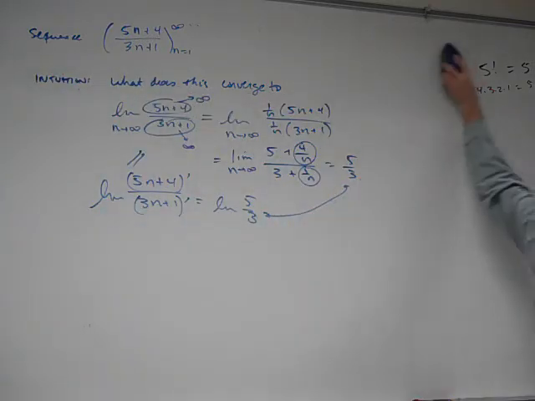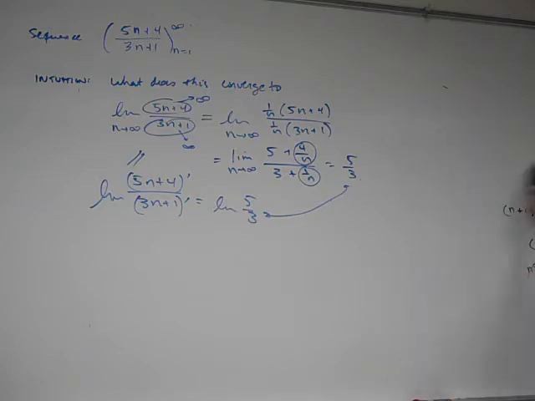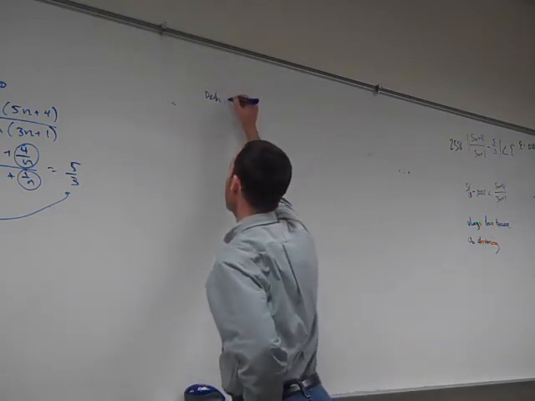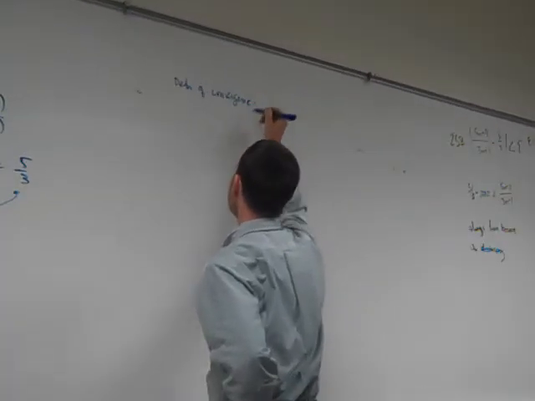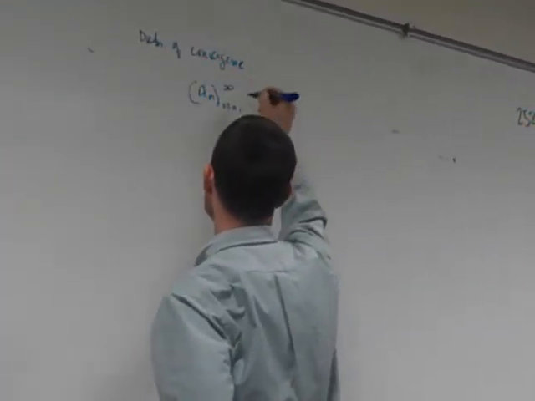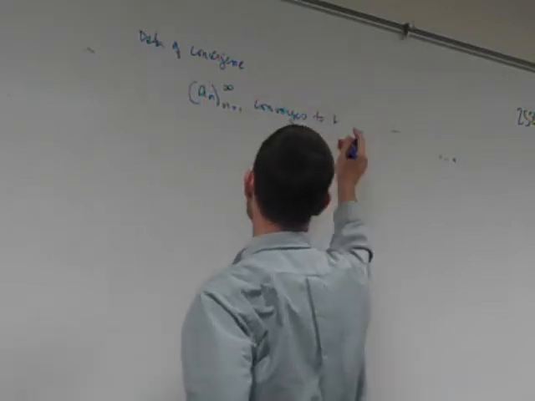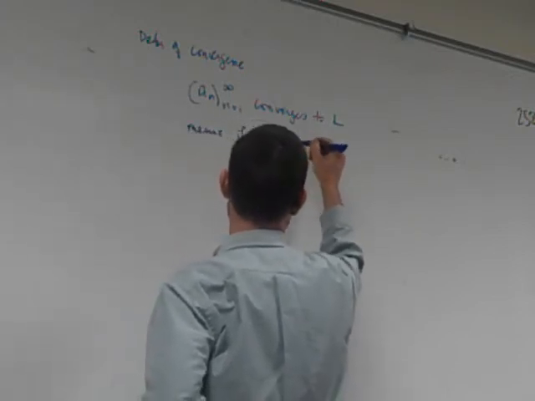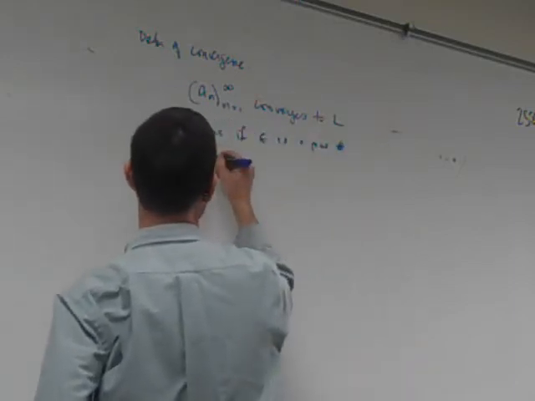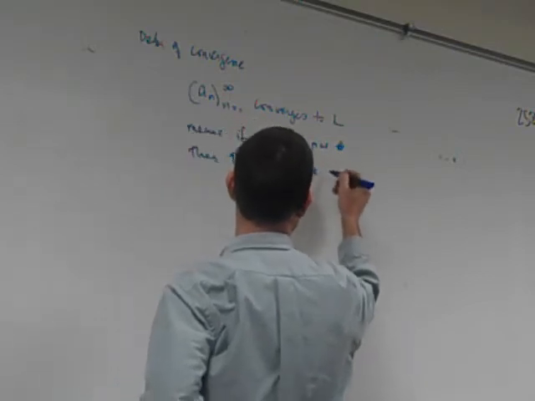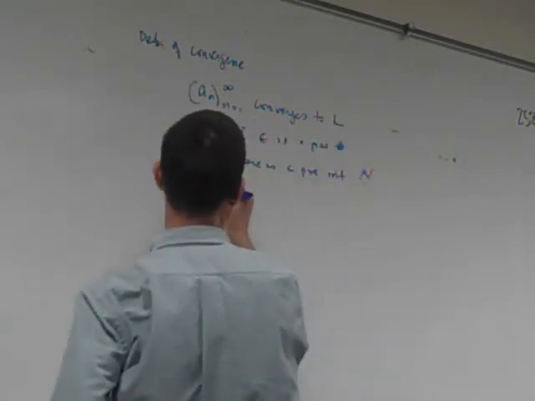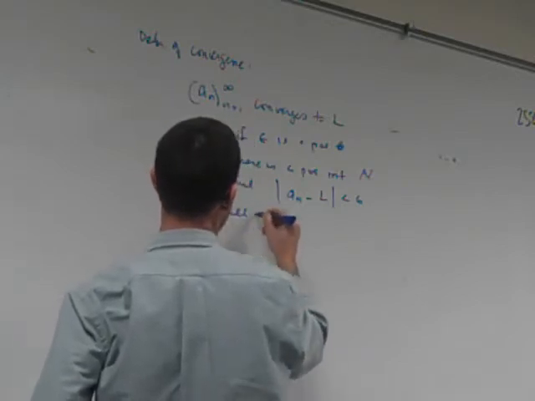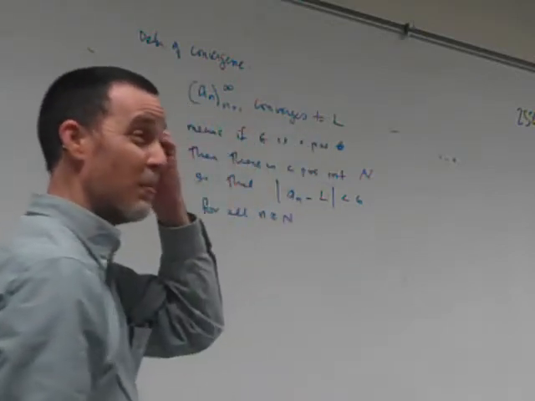Okay, the definition of convergence says the sequence A sub n converges to L means if epsilon is a positive number, then there is a positive integer N so that the absolute value of A sub n minus L is less than epsilon for all n greater than or equal to N. Now that's just a mouthful, okay?